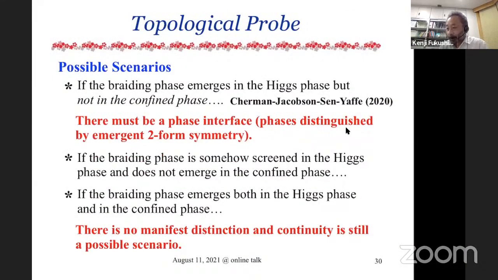This topological probe may work to distinguish the two phases, or there may be other scenarios in which the phase could be somehow screened out, or I don't know. But anyway, this is an interesting unsolved problem in QCD.